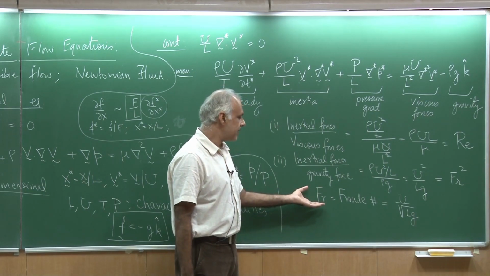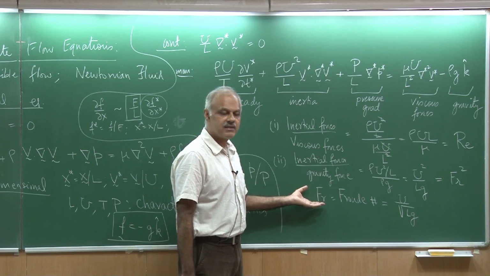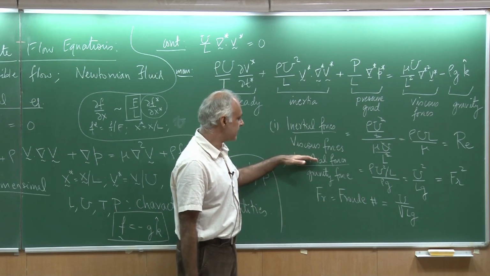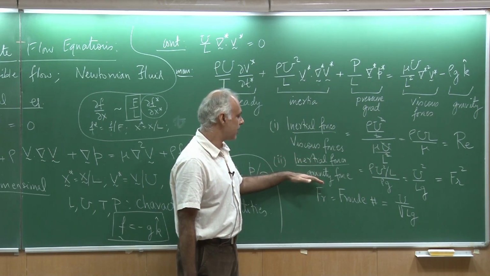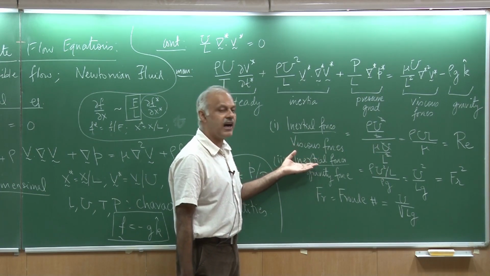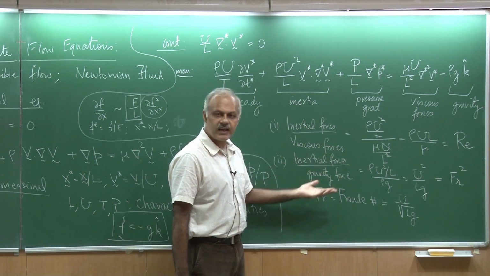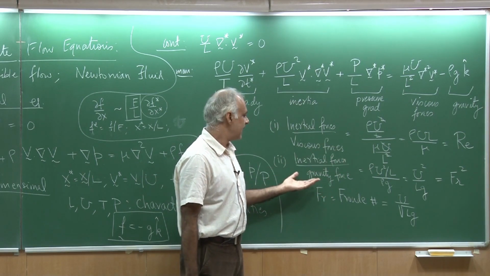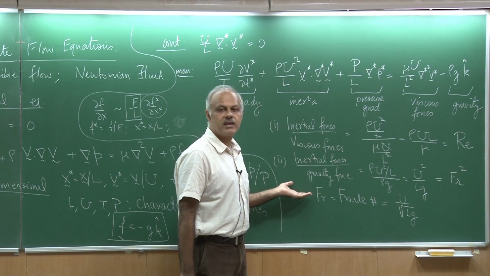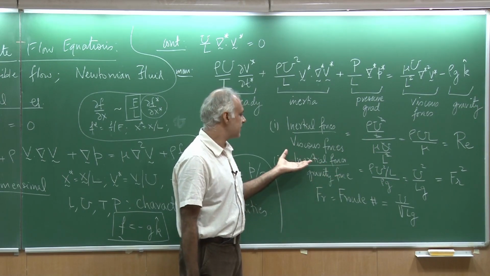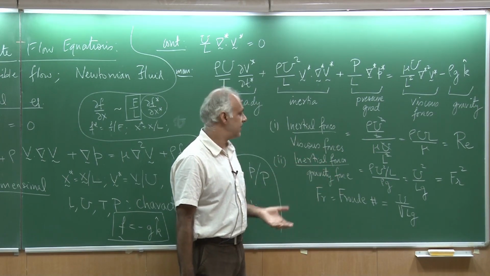If the Froude number is extremely small, that means the inertia forces are very small compared to the gravity forces. On the other hand, if my Froude number is much larger than 1, then if I look at Froude square, that would be even larger, and that means I don't need to worry about the gravity force because inertial forces dominate.